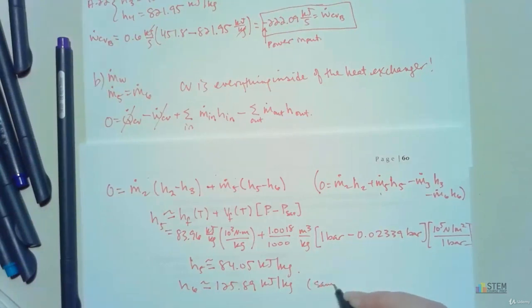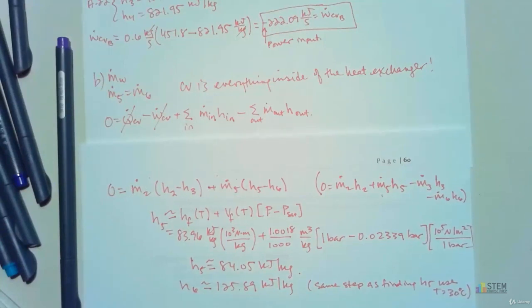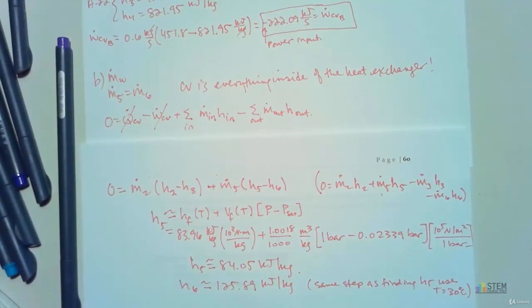And let's just write a note. So same step as finding H5. But we're going to use T equals 30 degrees Celsius. Now that we have that, we have our enthalpy numbers, we can go ahead and solve.